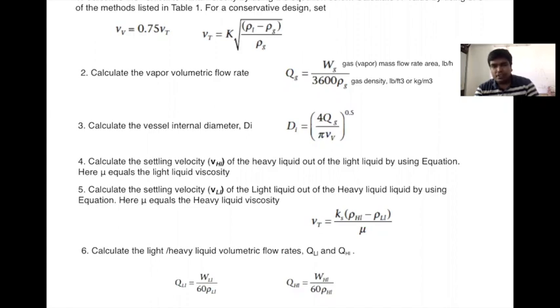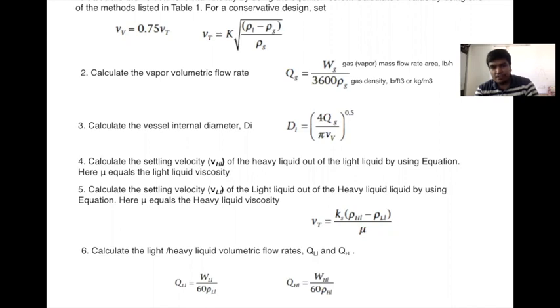So the settling velocity of heavier liquid, that is Vhi, if you want to find out that value, you can use this equation, right? Which is equal to Vt equal to Ks, and Ks is determined by the liquid which you are going to separate. Okay, so one you have lighter liquid and one you have heavier liquid. So we have a specific chart for that, and you can find out the value of Ks from there.